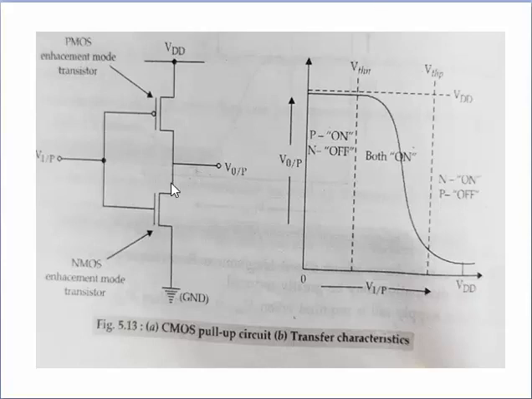We can also say that if V input is positive, then NMOS works and PMOS is in off state, so V output is 0 because of the enhancement type MOSFET. But if V input is negative or 0, then PMOS works, NMOS acts as an open switch, and the output is equal to VDD, meaning 1.